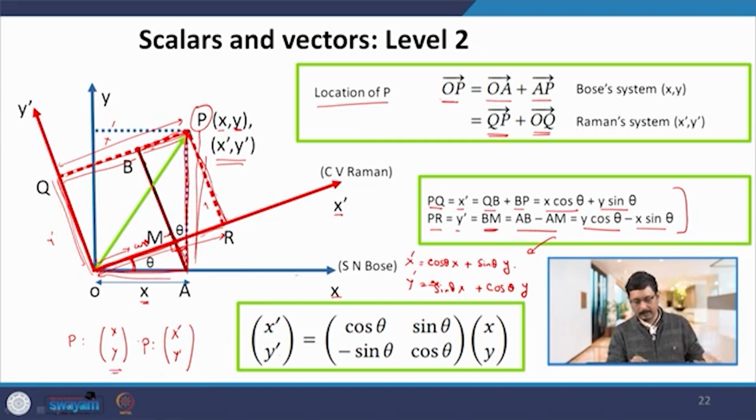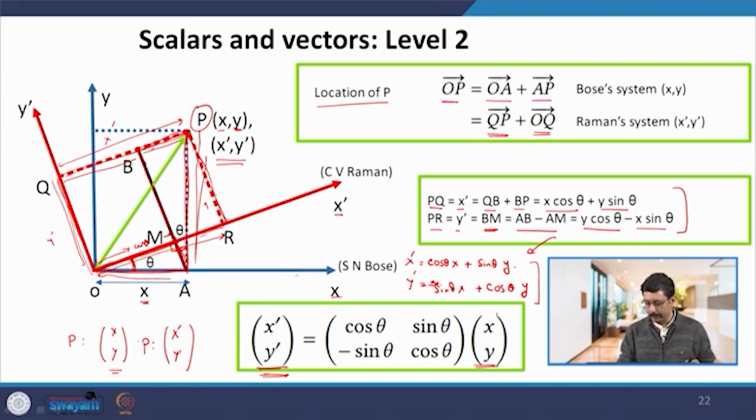So, then this geometry shows that there is a relation between the coordinates in the red frame, this one, with the coordinates in the blue frame, this one. And so, I can write it as a product of two matrices.